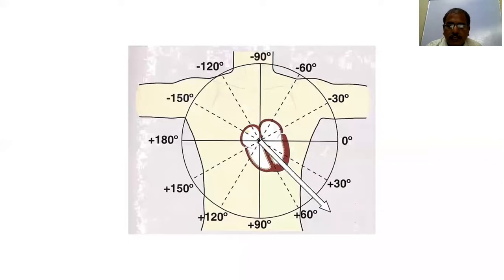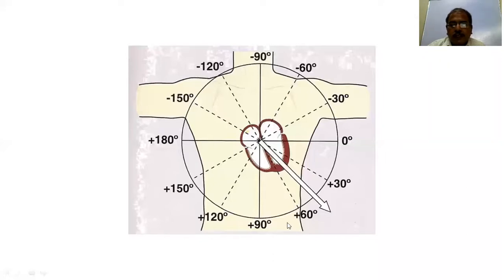When we plot it on the X and Y axis, 0 is on the left side and it is plus; downwards it is plus 30, plus 60, plus 90. Above the horizontal axis, that is lead 1, everything is negative and below it is positive.